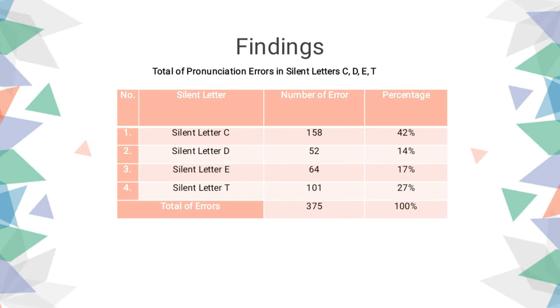In silent letter D, there are 52 errors with a percentage of 14%. In silent letter E, there are 64 errors or about 17%. And in silent letter T, there are 101 errors with a percentage of 27%.